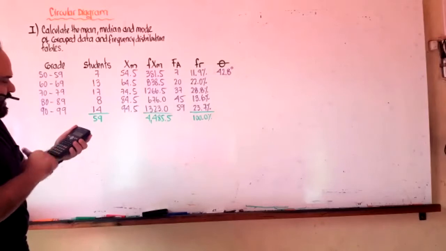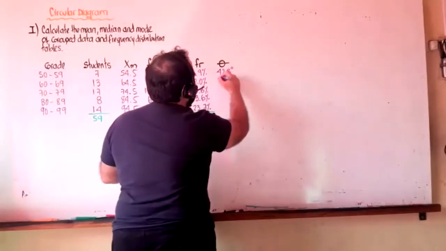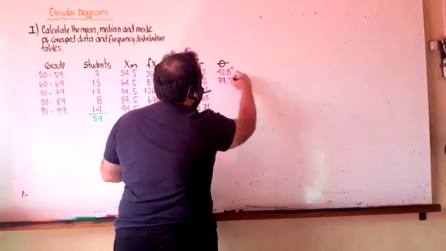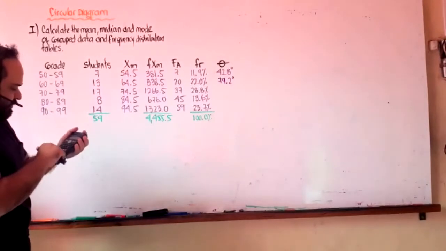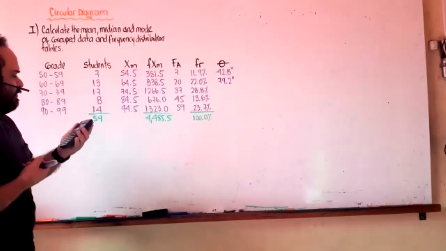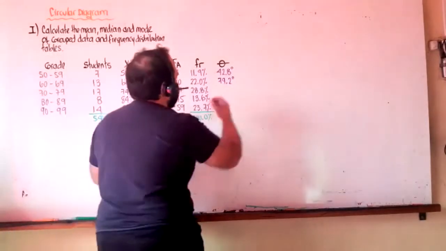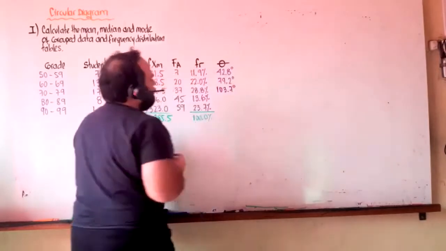Same on the second one. 0.22 multiplied by 360, we get 79.2 degrees. The next one, 0.288 multiplied by 360, that will be 103.7. All right.